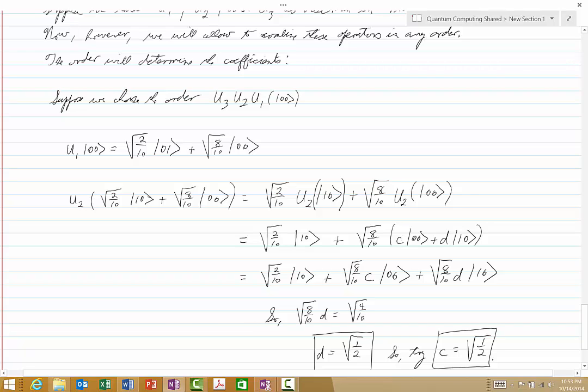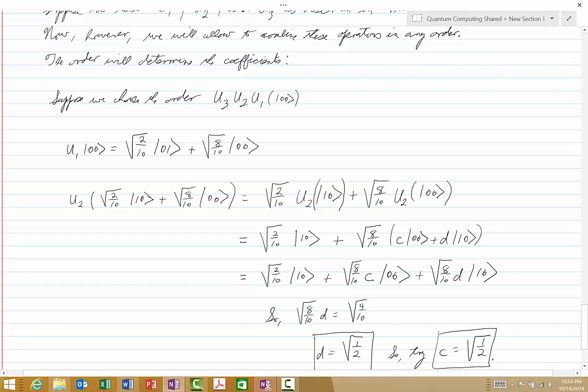So u1 of 0 0 is this, and then u2 acts; u1 acts on 0 0 first, then u2 acts on the result of that, and then u3 acts on the result of that. Well, u1 of 0 0 we found was equal to square root of 2/10 0 1 plus square root of 8/10 0 0. But when I transferred that down to let u2 act, I transposed the 0 1 and 1 0.